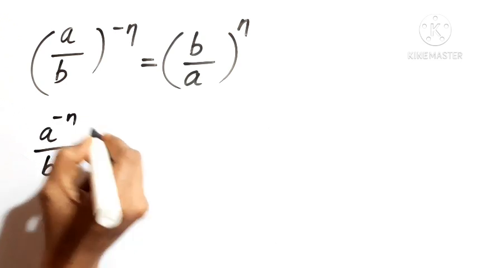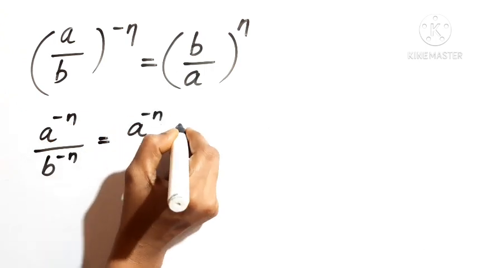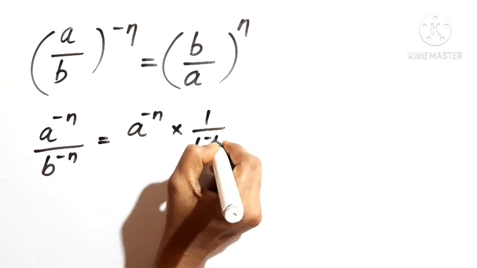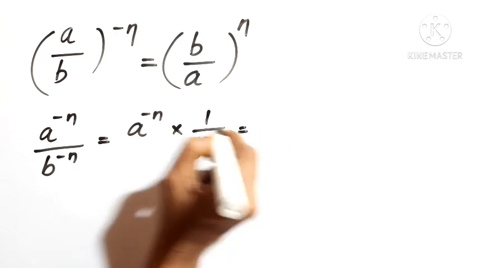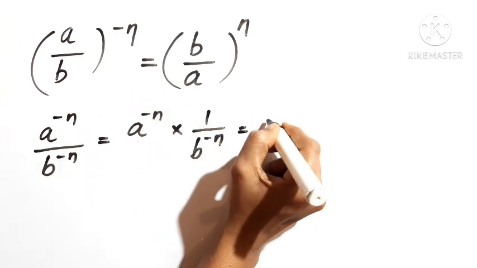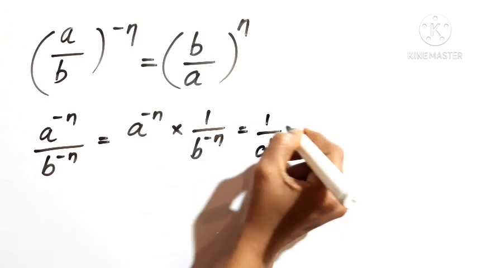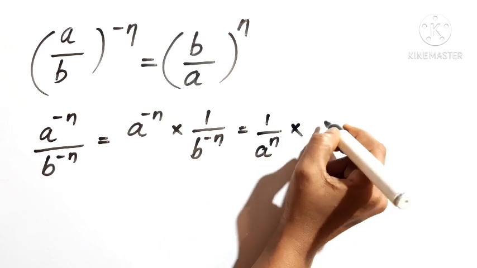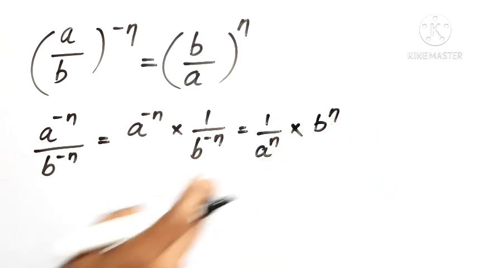Also equals, see children, a raised to minus n into 1 by b raised to minus n. We can split like this, right? Also equals a raised to minus n, which is also equal to 1 by a raised to positive n, no? Into 1 by b raised to minus n, which also equals b raised to positive n. We can write like this.